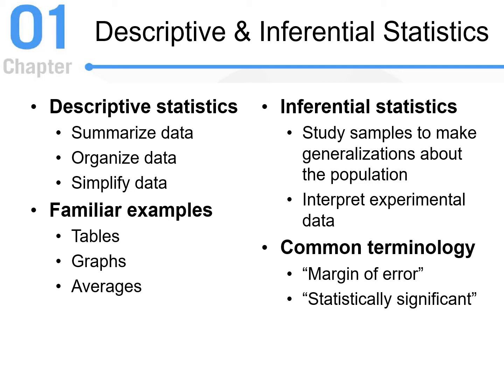And so you may see the term margin of error, which you see in polling a lot, or you may see the term statistically significant, which means that based on our sample, we can draw a conclusion about the population with a high probability. It doesn't mean that it's proven. It just means there's a high probability that whatever hypothesis we're testing is supported by the data in the sample.